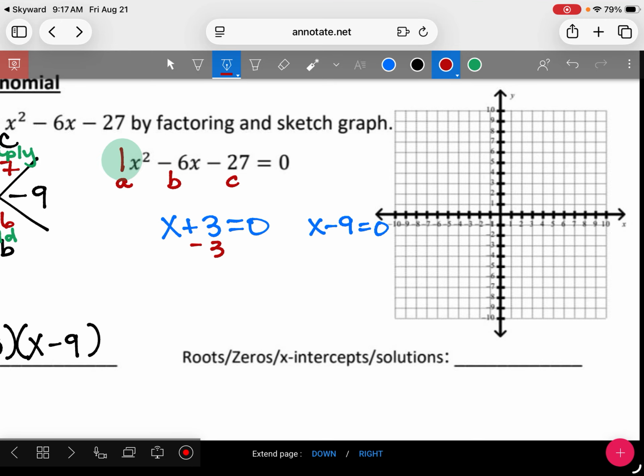I'm subtracting the 3, so that gives us x equals -3. So x equals -3 would be my first solution.